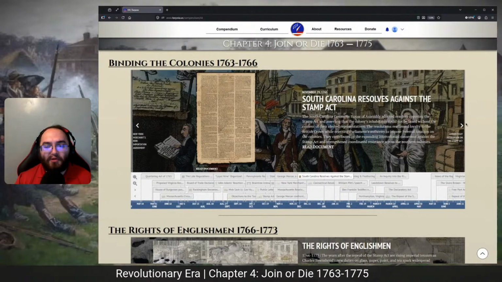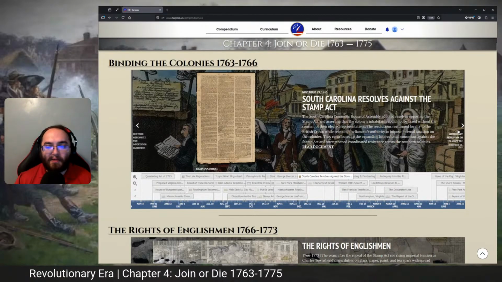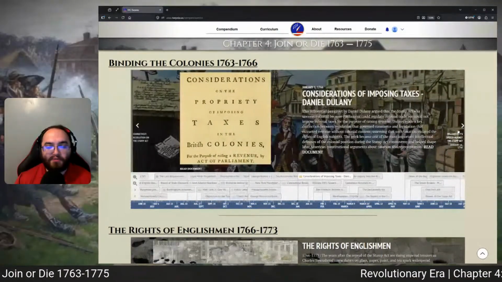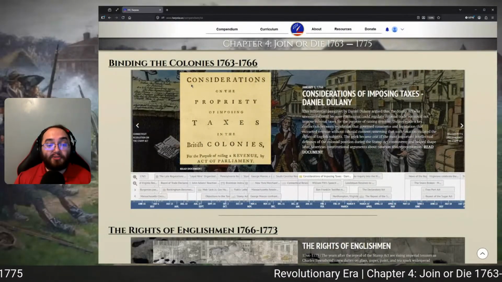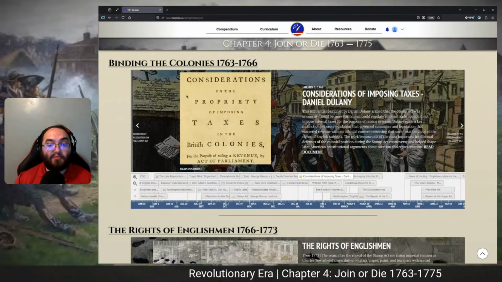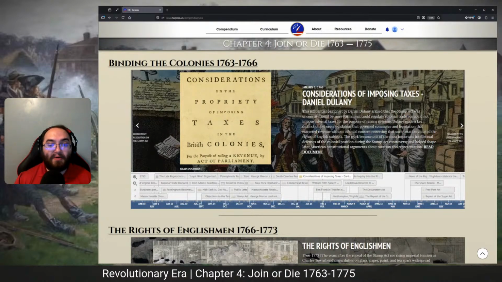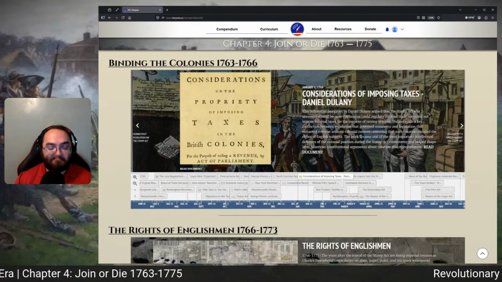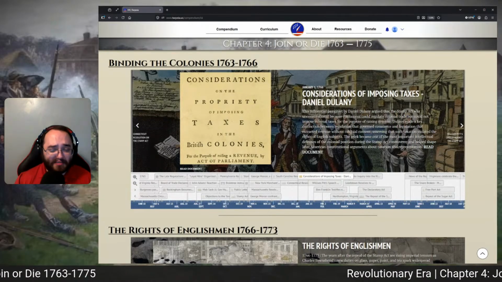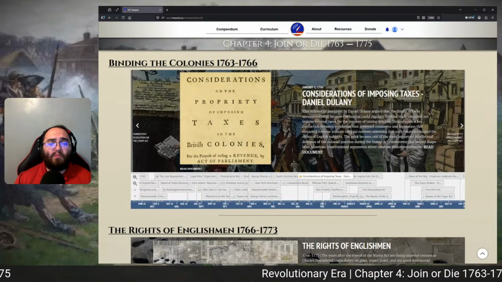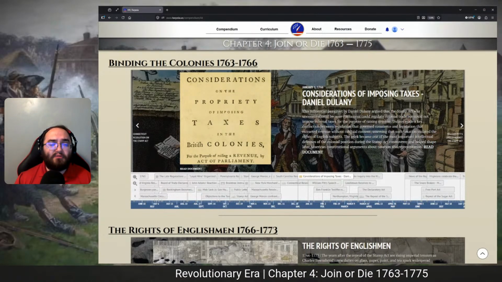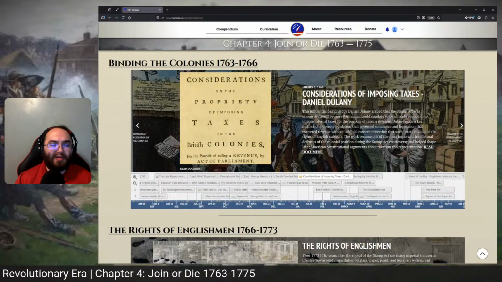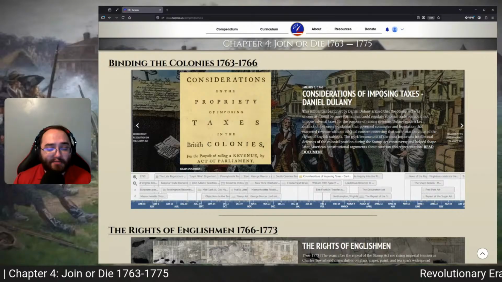You have South Carolina resolves against the Stamp Act. Connecticut will send its own resolves. And here's a very interesting read: Considerations on Imposing Taxes by Daniel Dulany. He writes this long, beautifully written essay on why taxation must be done through representatives with the consent of those taxed.